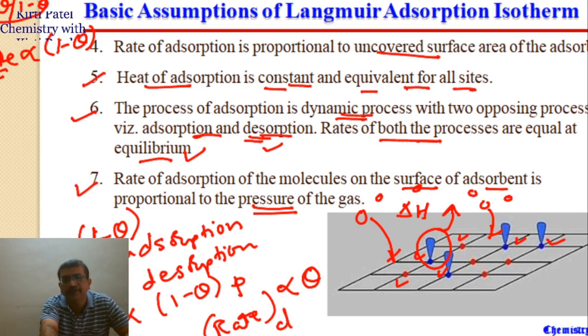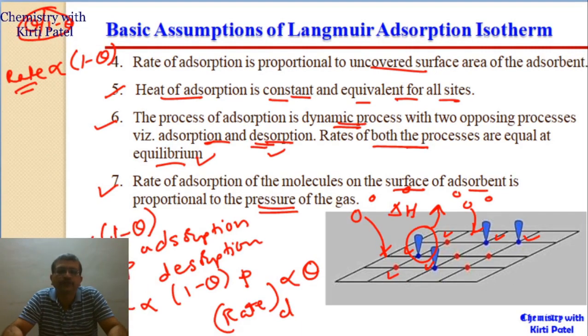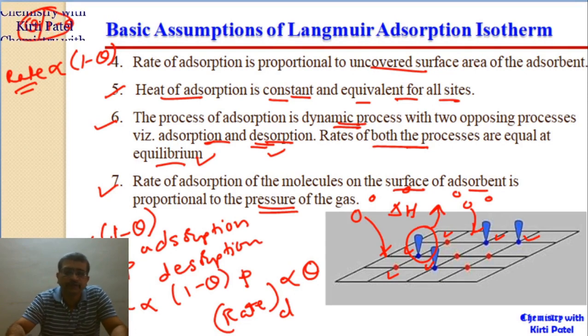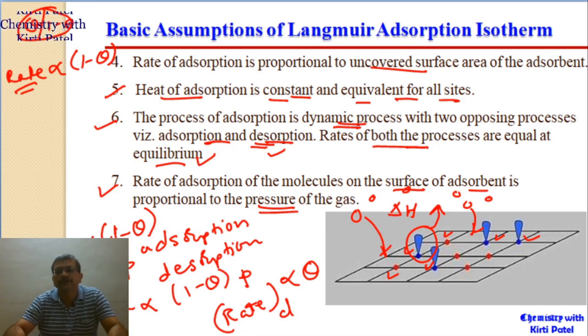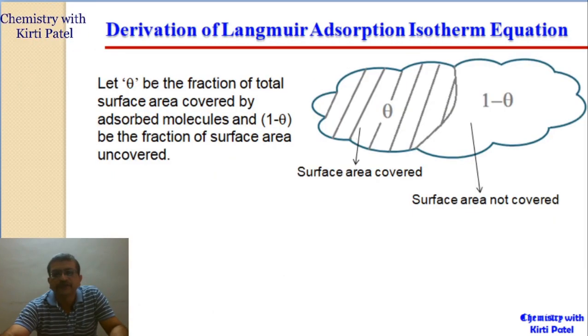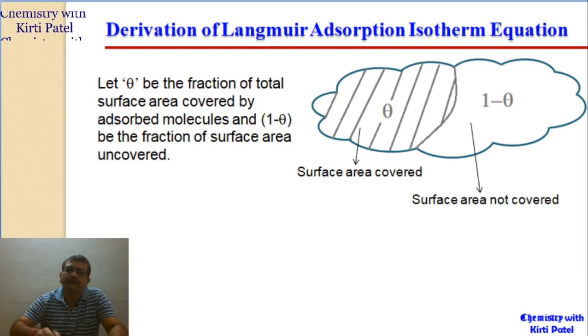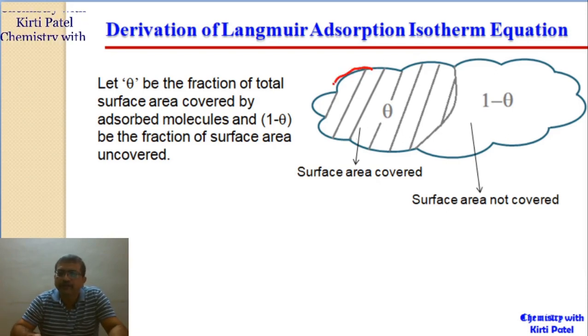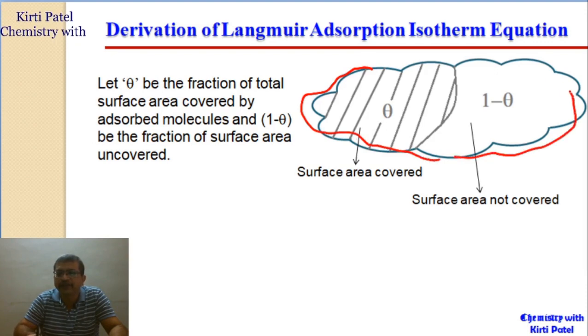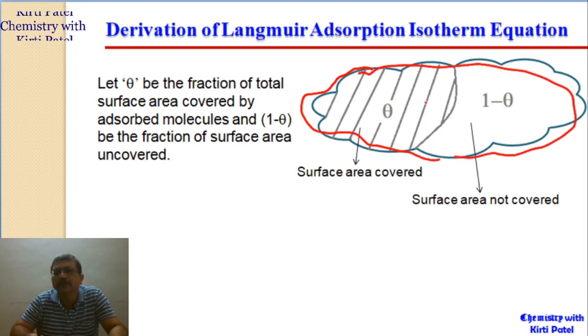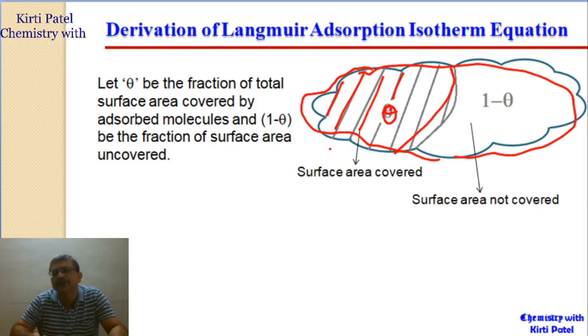First, understand this. Dear students, I hope so far you have no problems and have understood everything we have done so far about the assumptions of Langmuir's adsorption isotherm. Now we will see the derivation of the Langmuir adsorption isotherm. For this, consider a surface of any type, like this. Let us say a part of it is already occupied, and let that be equal to a fraction theta.